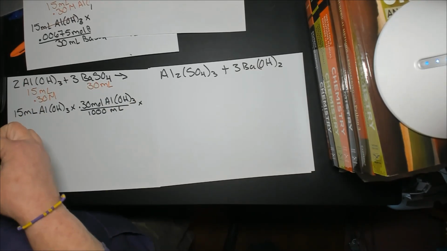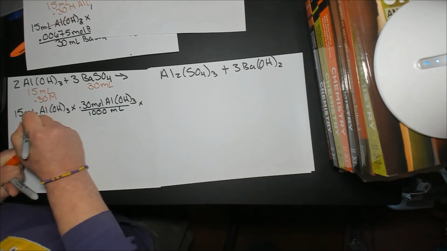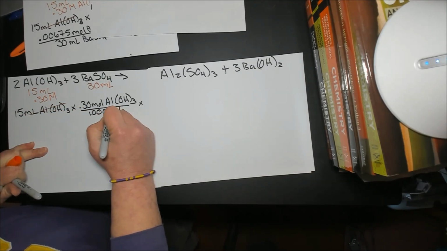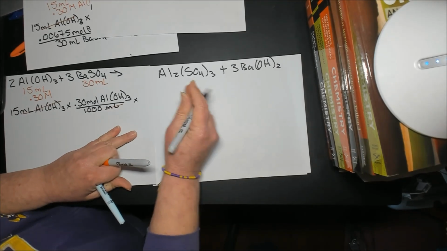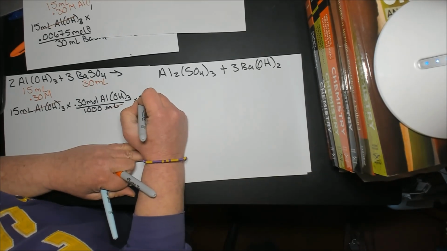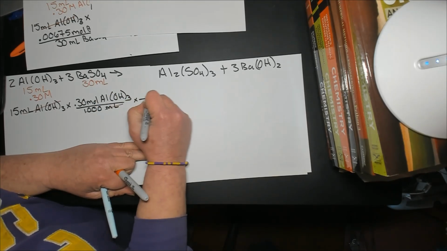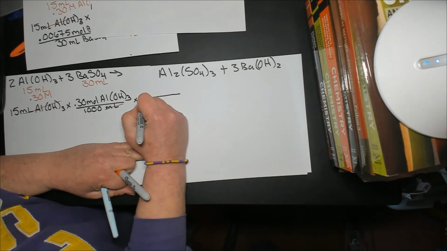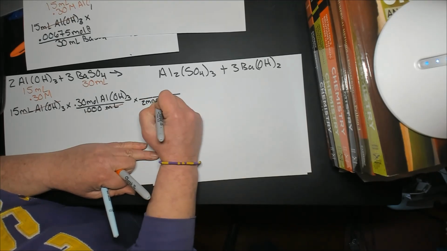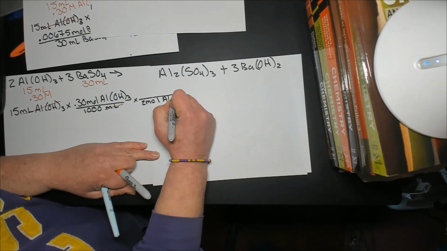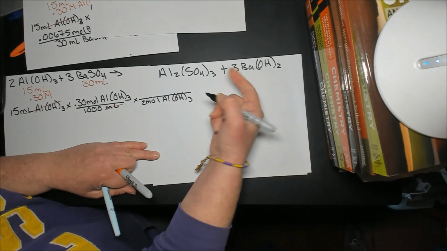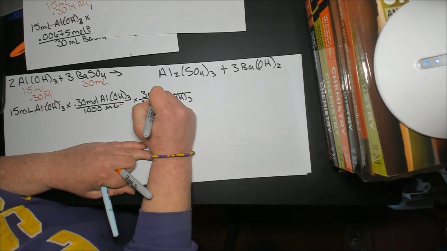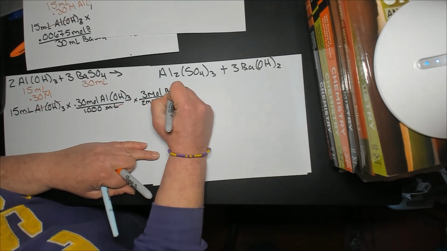So again, checking my units. That cancels. Whoa, not the 1,000. That cancels. And I want moles of aluminum on the bottom to cancel out. So I have 2 moles of AlOH3 to 3 moles, that's the coefficient, 3 moles of BaOH2.